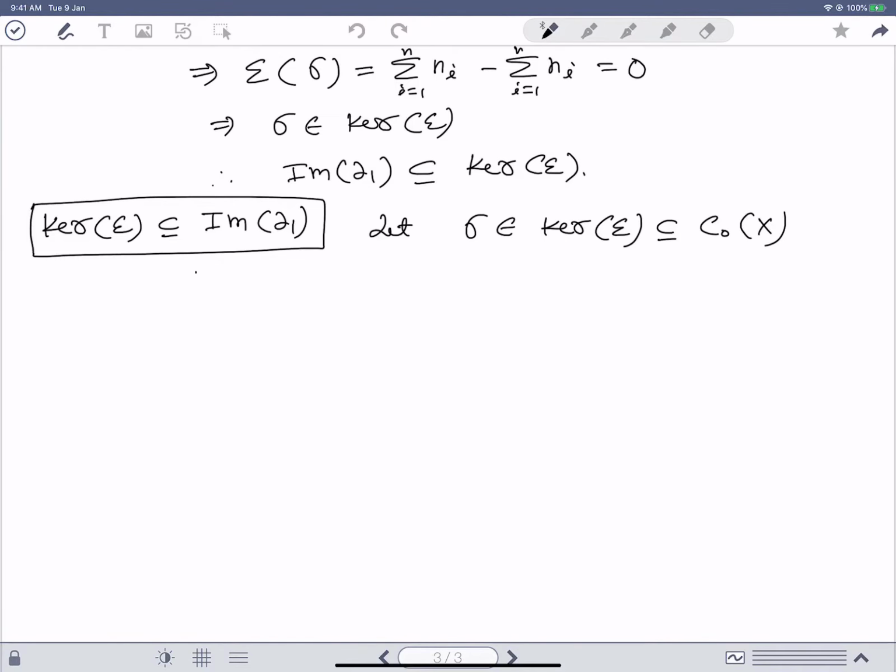Fine, that's mean sigma is equal to summation over i equal to 1 to some number m, such that this is summation of n_i sigma_i, where sigma_i are zero simplices, right. So each sigma_i, say from v0 to X, is a singular zero simplex.